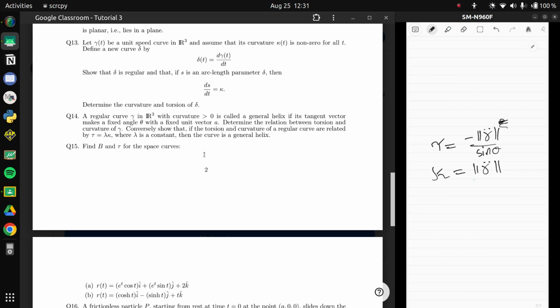So kappa is just this, which means tau is equal to negative kappa upon sine theta. I see. So our lambda is just negative 1 upon sine theta, it seems.